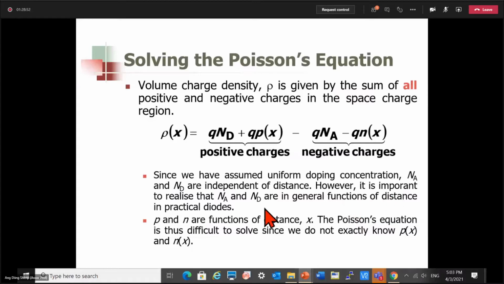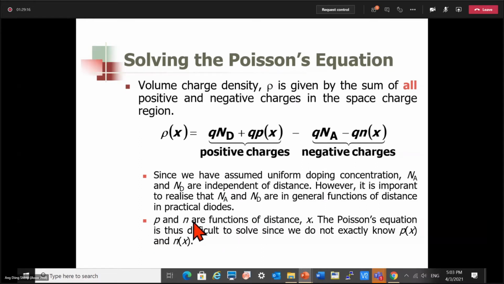However, it is important to realize that Na and Nd are in general functions of distance in practical diodes. I mentioned this point earlier about the linearly graded junction, whereby the concentration profile varies almost linearly across the junction. But for now, we treat Nd and Na to be constants. P and N, however, are functions of distance.